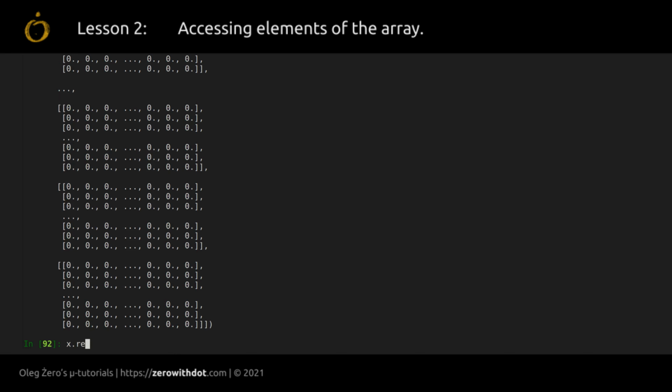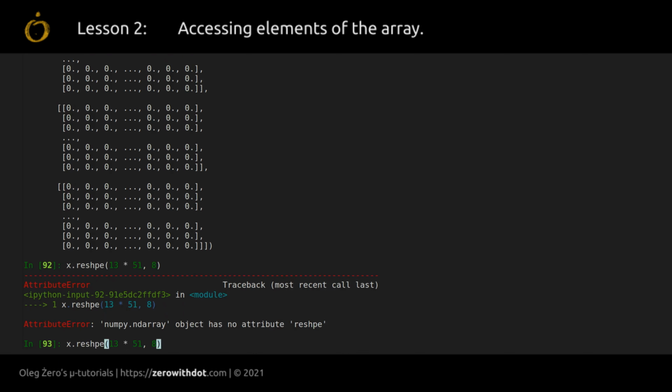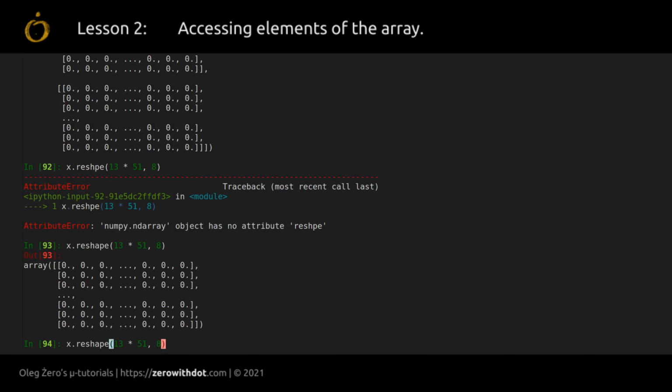So how do we do that? We can do reshape, and then we could do 13 by 51 comma 8, and it works, but we have to remember those values.